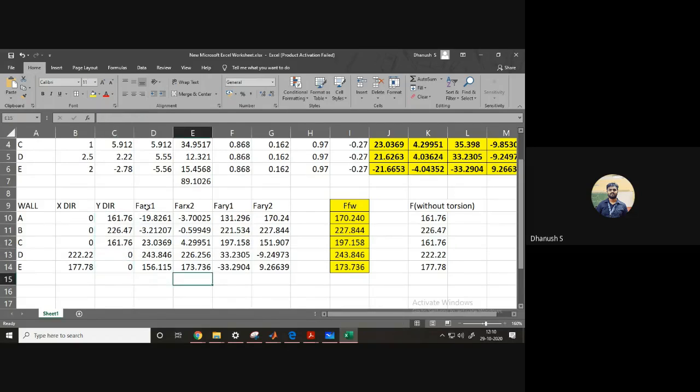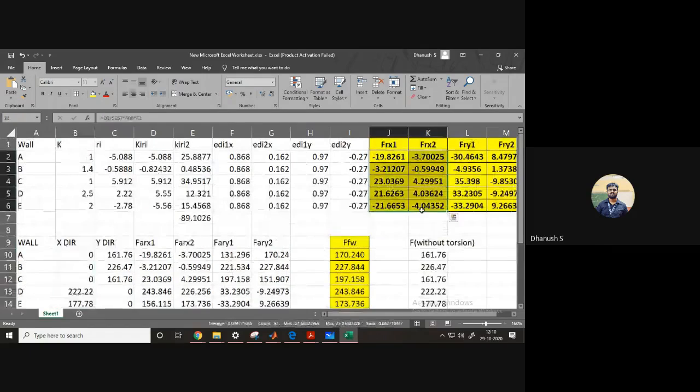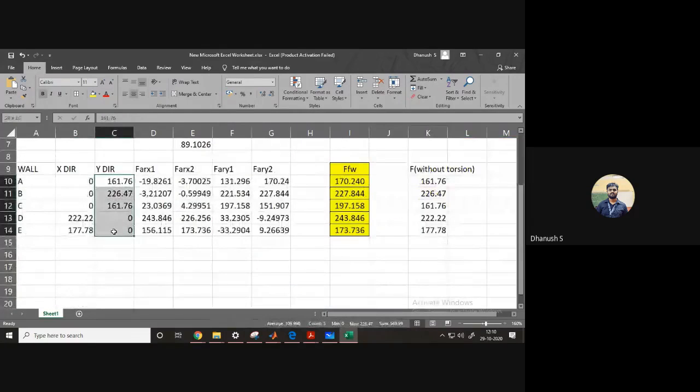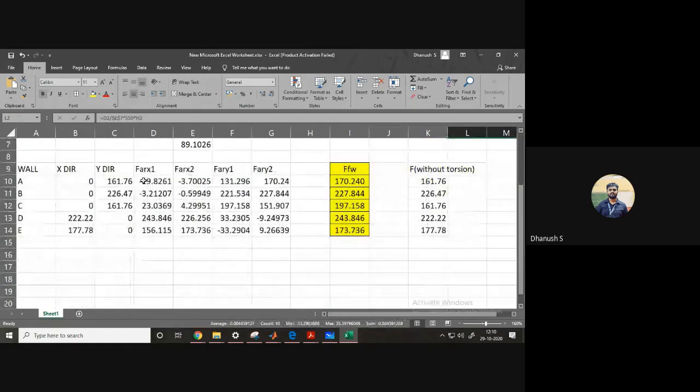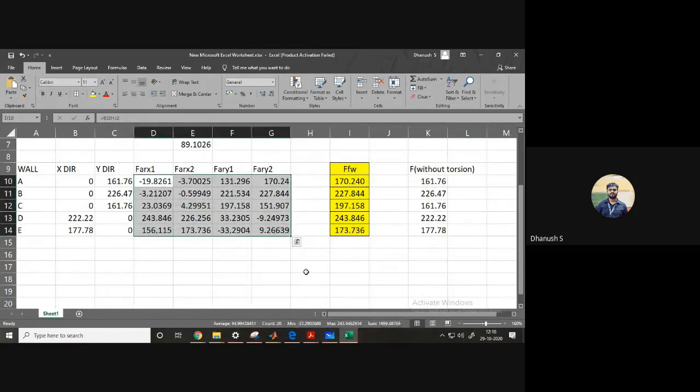For the first 2 cases, consider the force along X direction and add whatever values we've got here. For the next 2 cases, consider the force along Y direction due to non-torsion and add whatever force we've got due to torsion here. Doing all this, we've got 4 sets of values. The final design force that you'll be using to design a shear wall will be the absolute max, meaning ignore the sign.